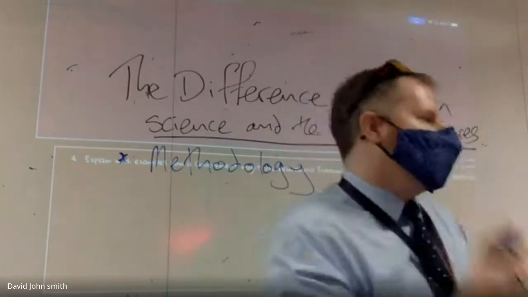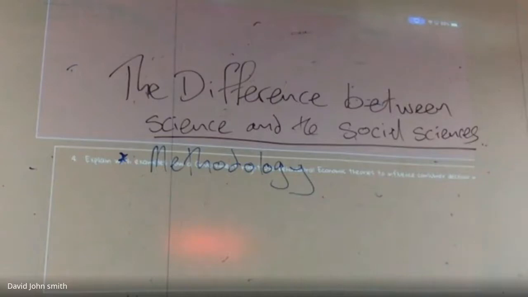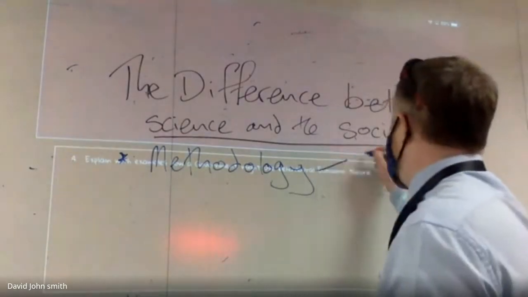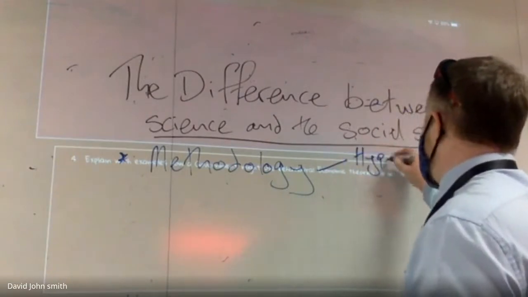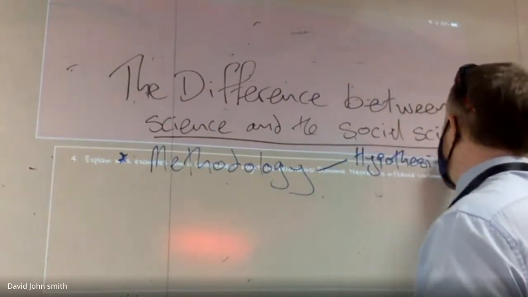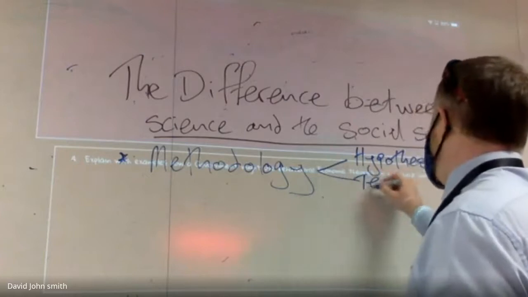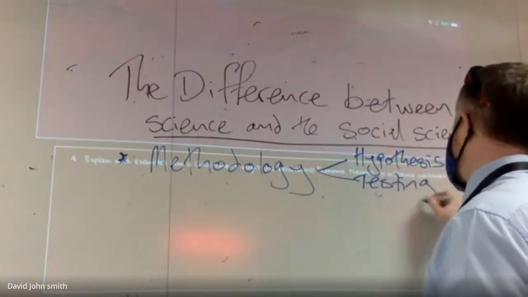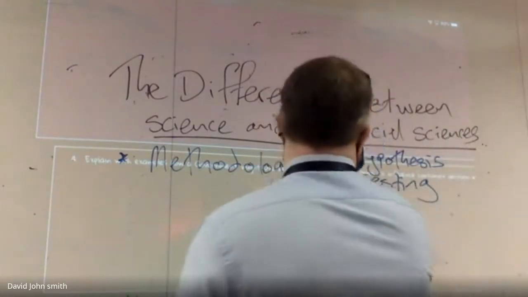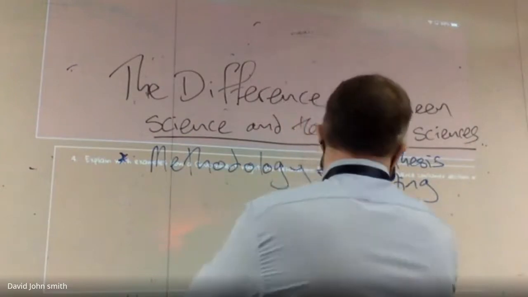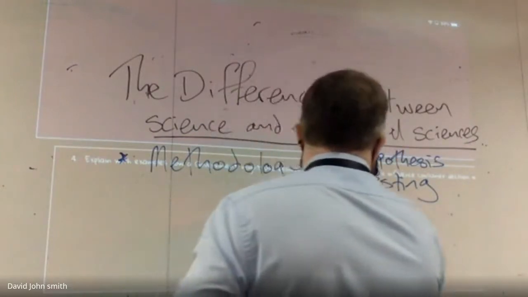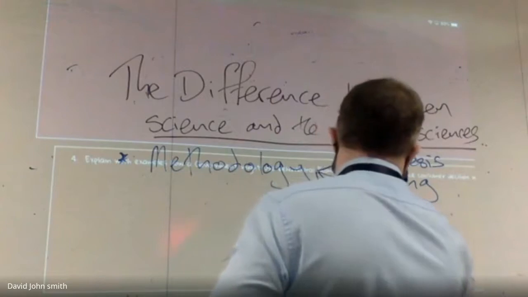All right. So the first thing that you think of when you think of the difference between the sciences and the social sciences, one of the big keys is the methodology. The idea that we looked at with regards to the hypothesis, the idea of testing, the principle of refutation.